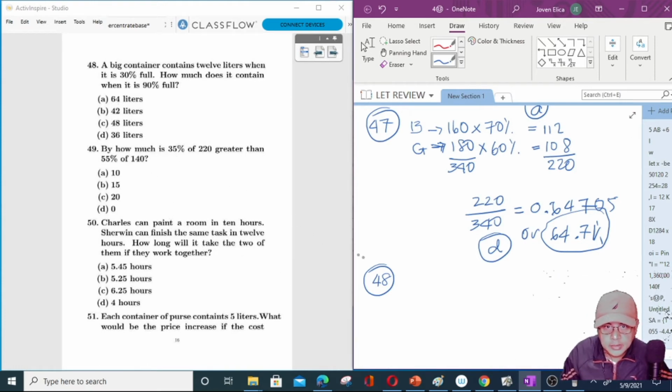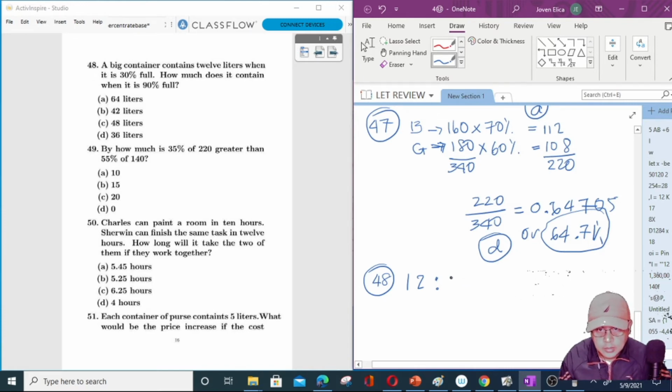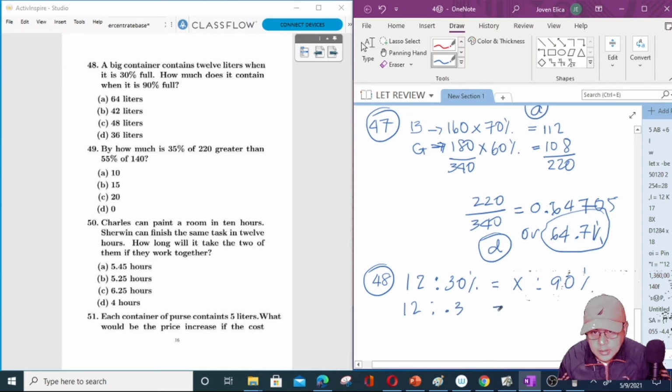So we can represent that: 12 is to 30% as X is to 90% full, or 12 is to 0.3 is equal to X is to 0.9 as a decimal.